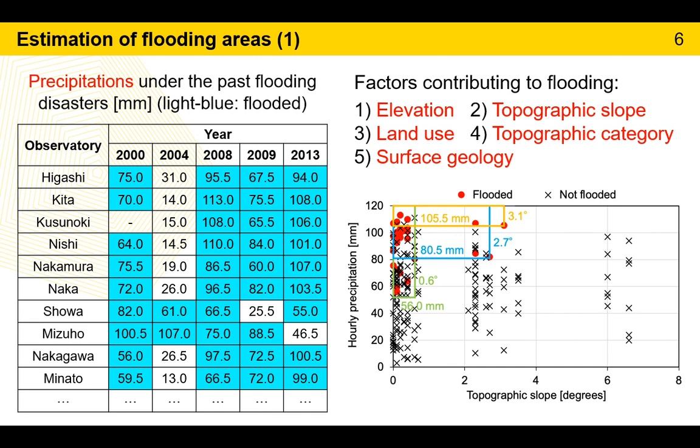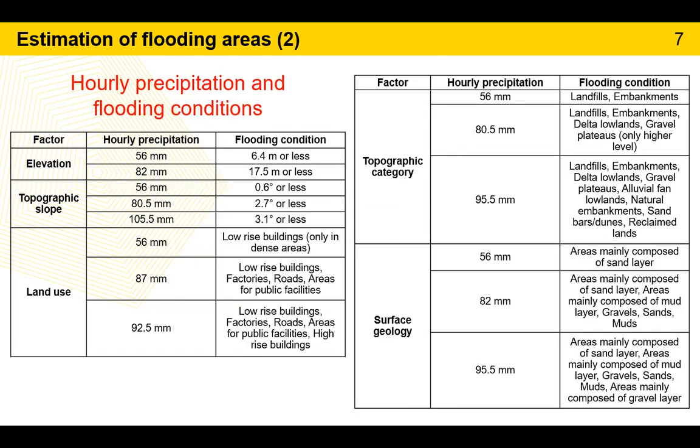As an example, the right figure shows the relationship between the precipitation and one of the factors, topographic slope. This table summarizes the relationship between the hourly precipitation and the flooding conditions.